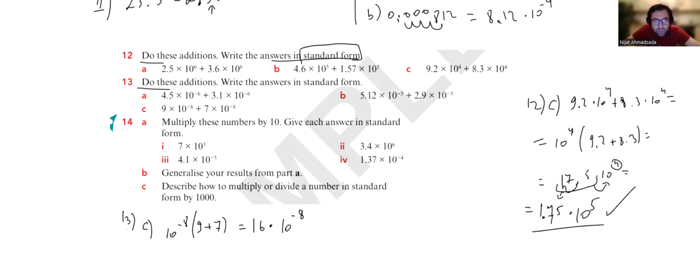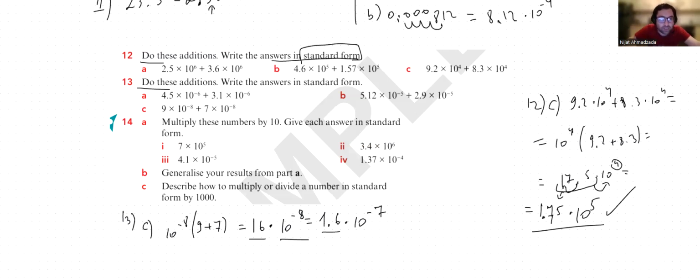Since I made it 16, I have to make it 1.6 because the dot has to be after the first non-zero digit and then 10 to the power of something, right? So to make 16 into 1.6, I divided it by 10. So I have to multiply this by 10. If I multiply 10 to the power of negative 8 by 10, it will be just 10 to the power of negative 7 because it's getting bigger.